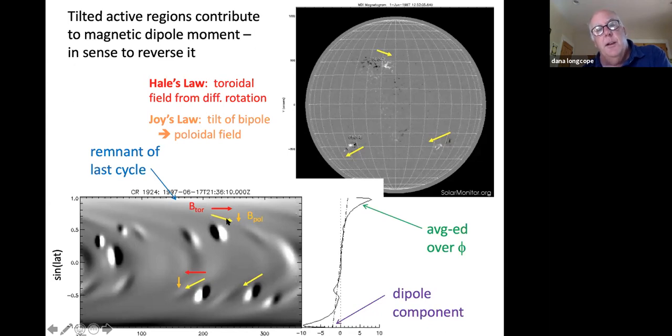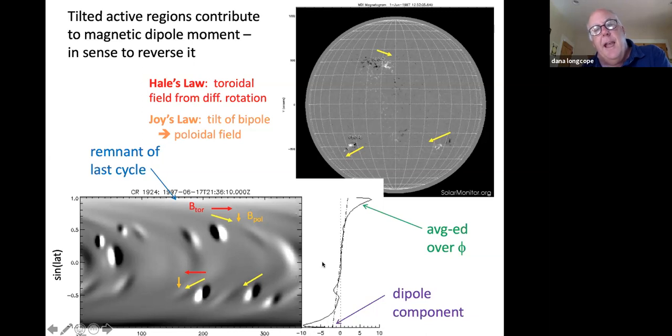And you can see that because it has a tilt, there's a downward poloidal field. The other thing you see from this is that at the moment, there is a positive region around the North Pole and a negative region about the South Pole. So in a sense, the poloidal field that's being generated is opposite to that. That is, the dipole moment is pointed northward.